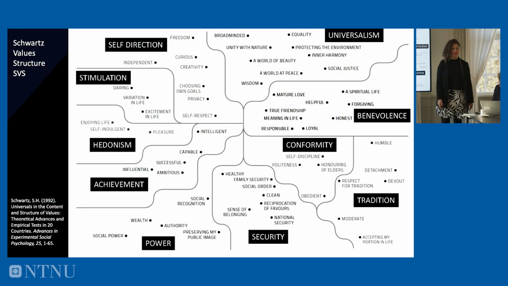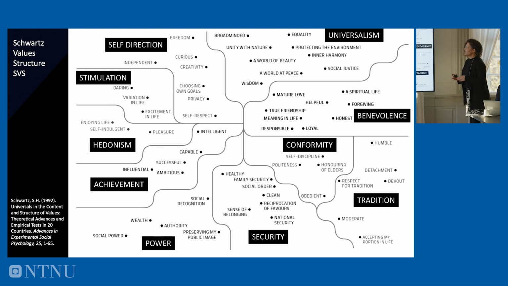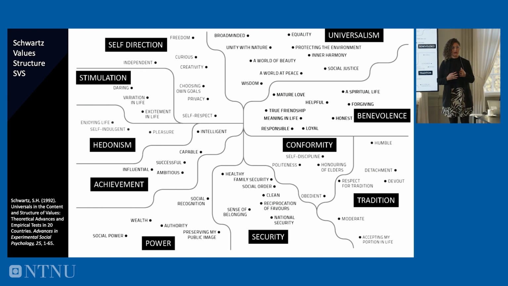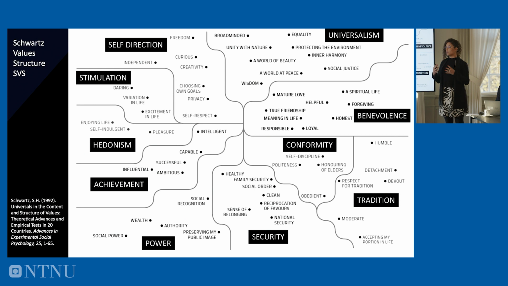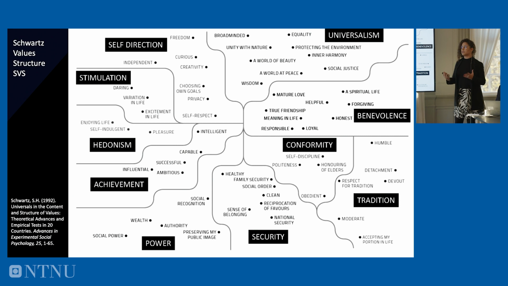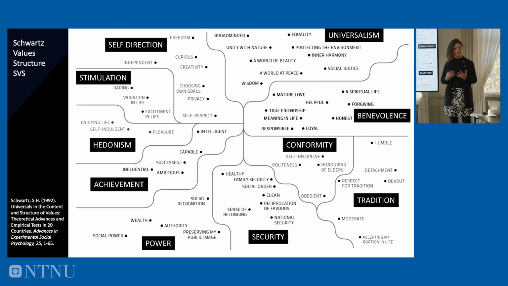Then we come up with a few ideas of what this value structure is, and this is from Schwartz. He made this survey in many different countries to understand what is important to people in terms of values. We have these characteristics, for example, universalism. It's about equality, how we have an equal society when everyone has the same opportunities.